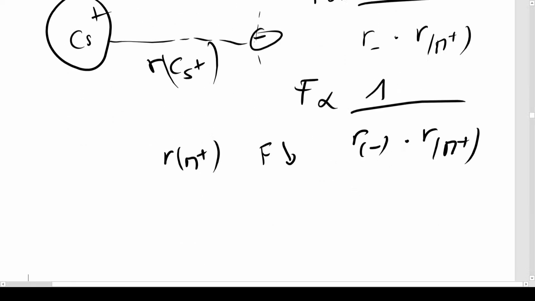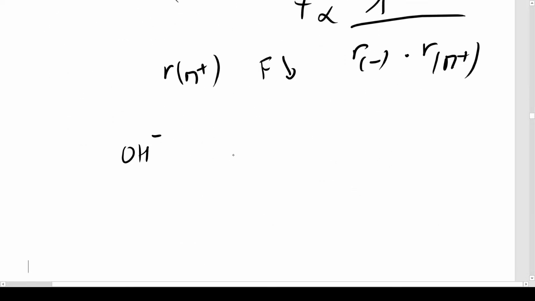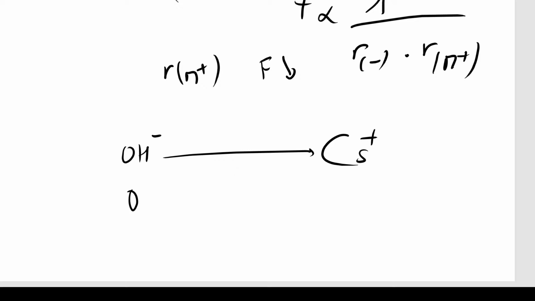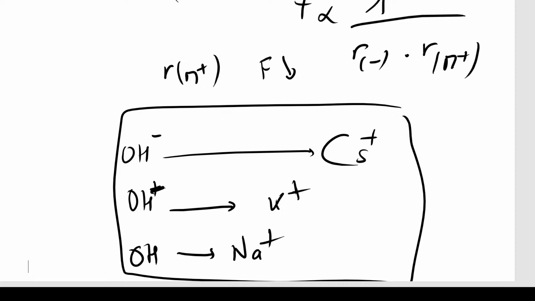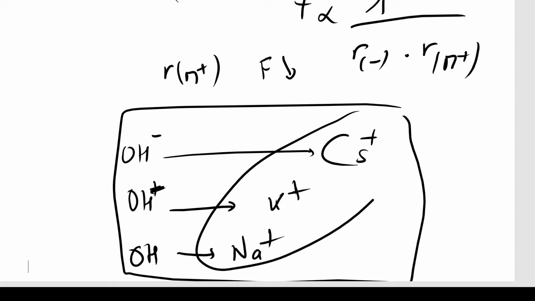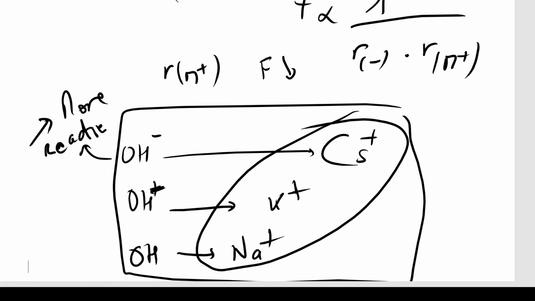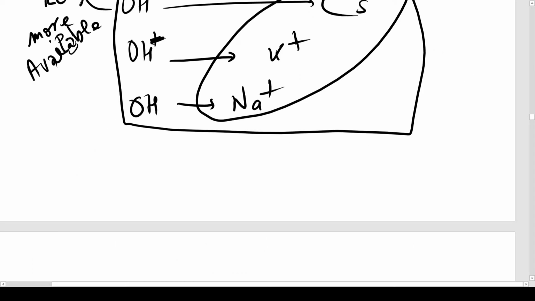For O minus cesium, the distance is bigger, so there's less force, compared to O minus K plus or Na plus. So the reactivity increases, it's more reactive, because the anion is more available.